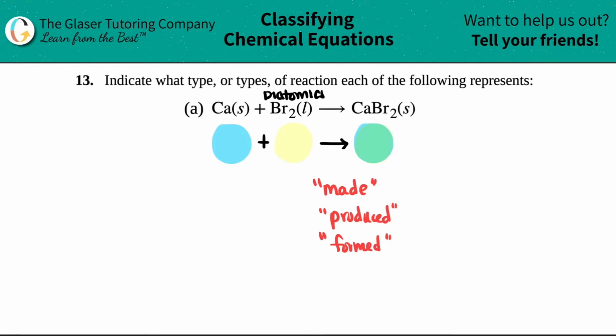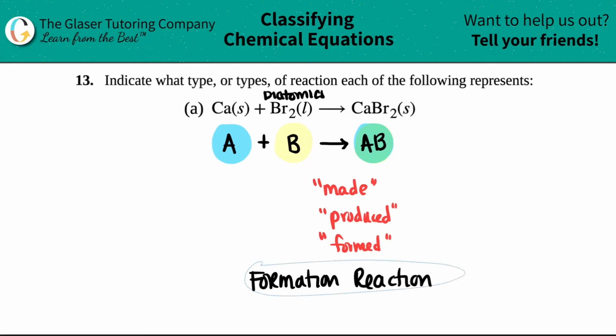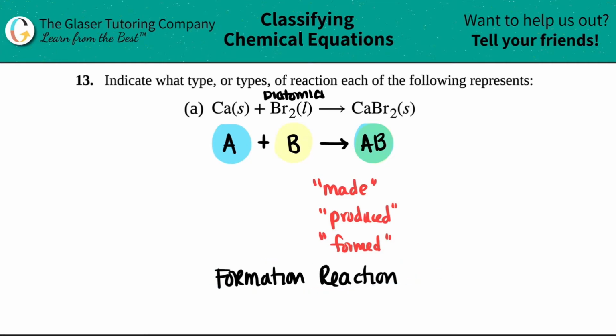Whenever you have one element that's in its elemental form mixed with something else, and they come together as one single compound, you formed that one single compound. This is called a formation reaction. So that's the basis of a formation reaction.